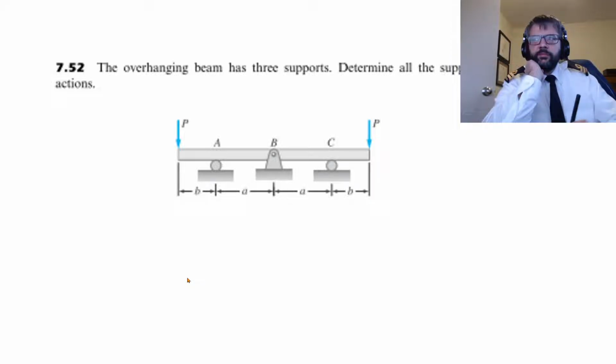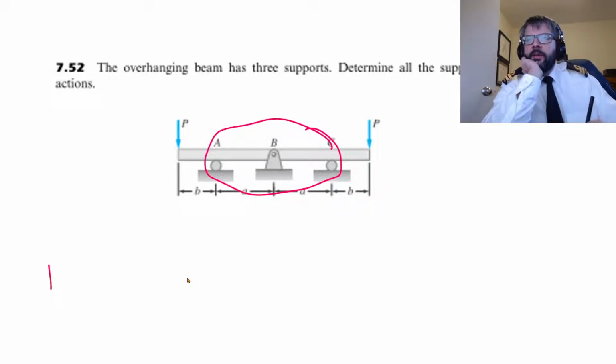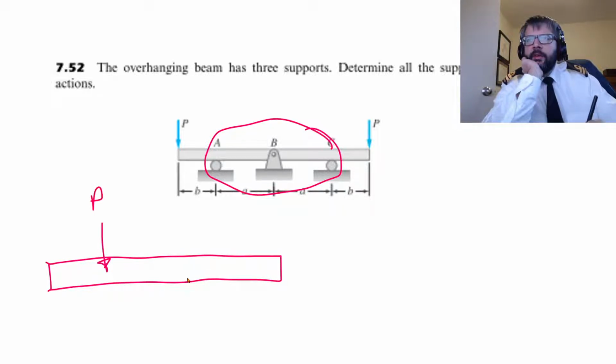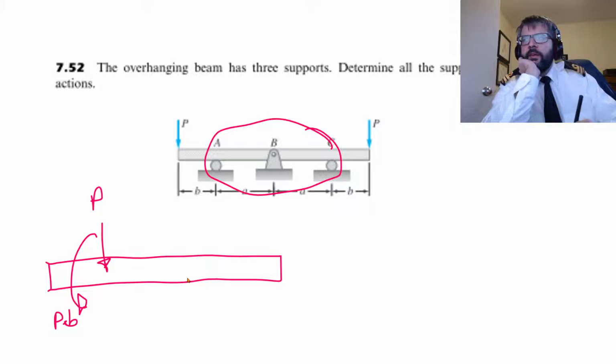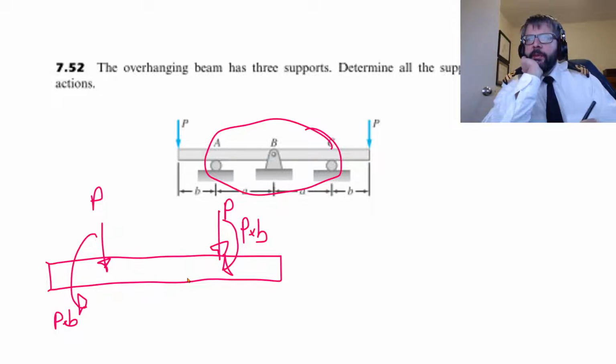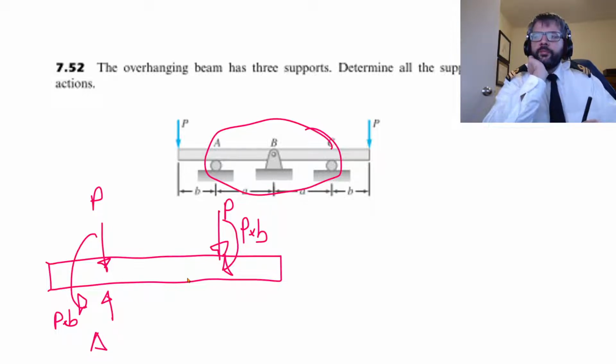because the only points where we're worried about displacements are at A, B, and C, we can model that by essentially going P and then P times B, and then P, and then P times B as our moments, and then we'll have an A_y, and we'll have a B_y.